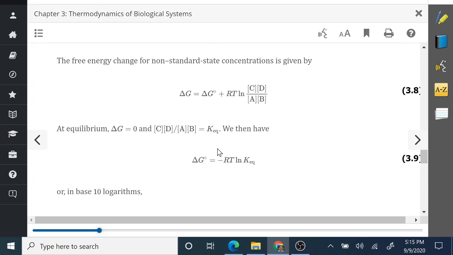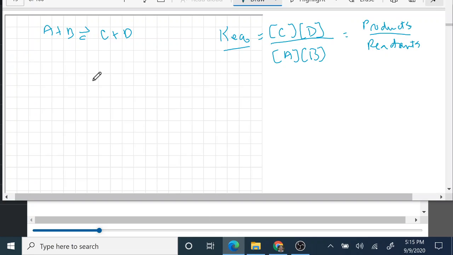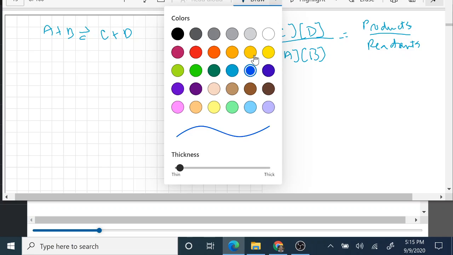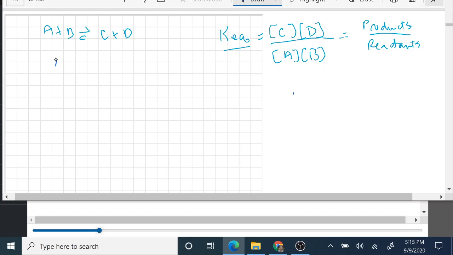But let's consider what this delta G looks like on a graph. And I thought about this a little bit before I decided to define it this way, because I haven't seen anybody else do it this way, but I think it will help clarify some things for us, okay? So let's plot delta G, or change in free energy, on the y-axis.